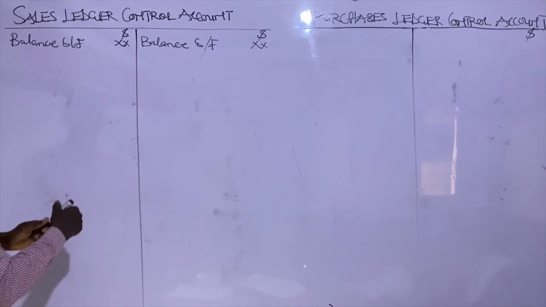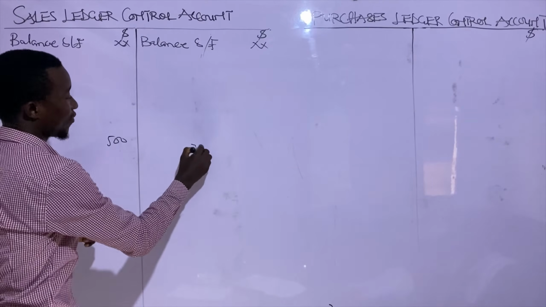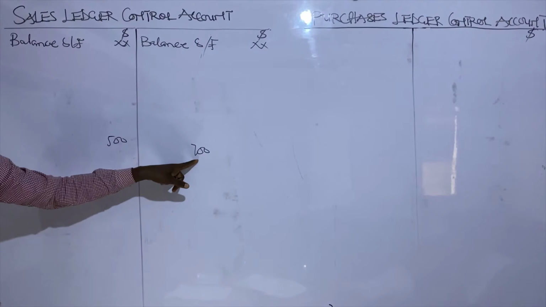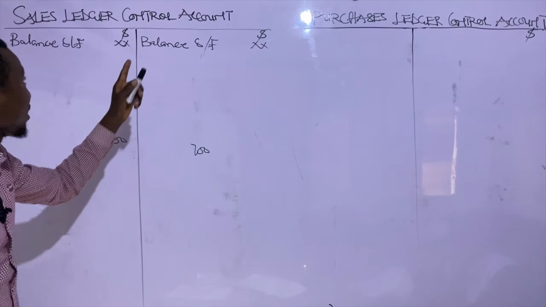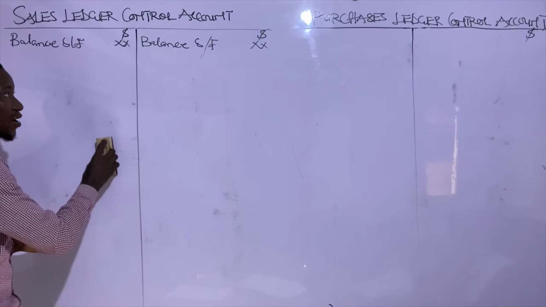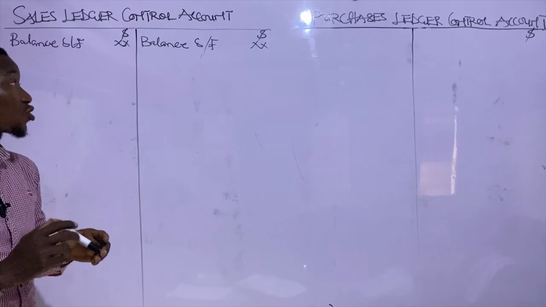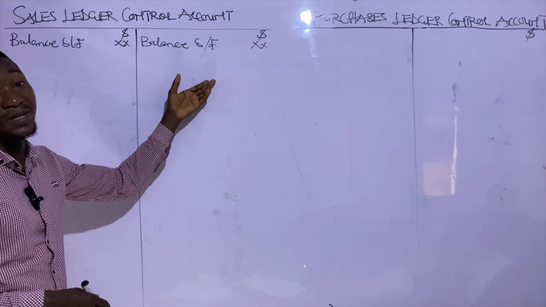If the customer owes, let's say, 500, and the customer has paid 700, it means there will be a credit balance of 200, an extra 200. That is overpayment. Is that okay? And this could be one of the reasons why the sales ledger control account could have a credit balance. Another could be an error. When an error is committed, let's say the debtors account balance has been overcast.